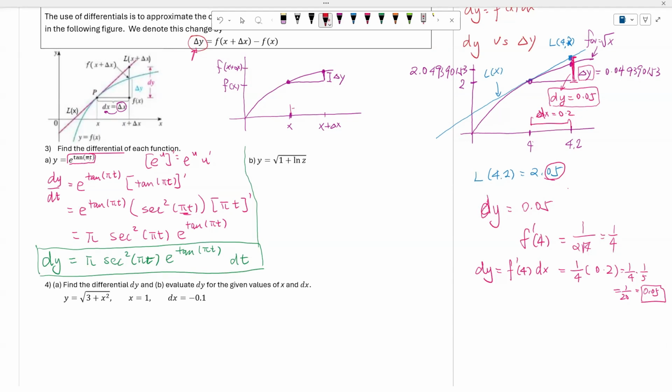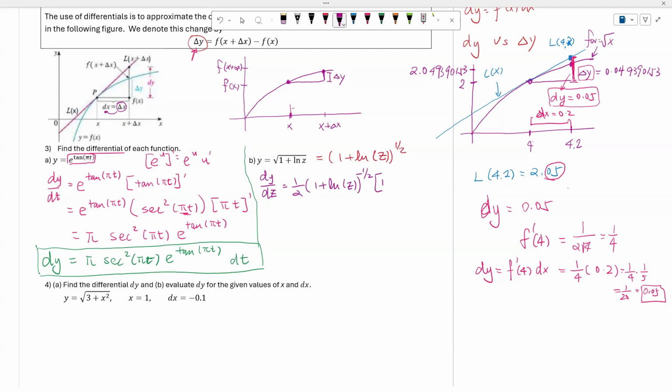Now we are going to work on b. So we have y equal to square root of 1 plus natural log of z. First, I would like to rewrite this as 1 plus natural log of z raised to the power of 1/2. Then dy dz is equal to 1/2 times 1 plus natural log of z raised to the power of negative 1/2.